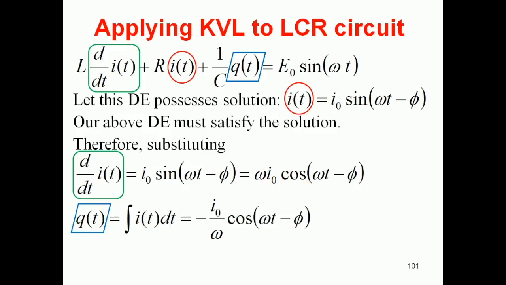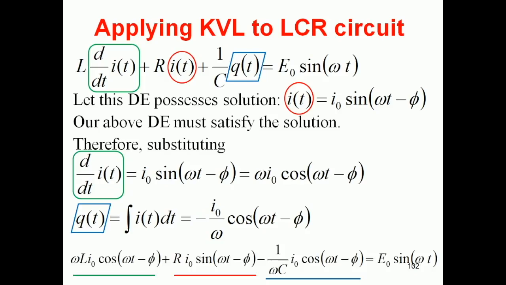So Q of t will be integration I of t dt, and integration of sine of omega t minus phi will be minus cos of omega t minus phi upon omega. And here we can substitute back all these values.